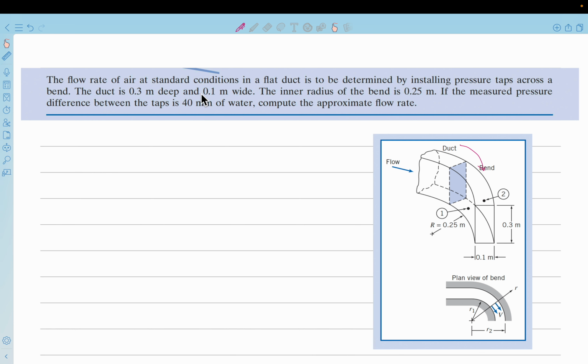The duct is 0.3 meters deep, 0.1 meters wide. The inner radius is given, and I think the thickness is also given, so you know the outer radius. If the measured pressure difference between the taps is 40 mm of water, so it is given in height of water, but we can convert it to kilopascals. So what we need to find is the approximate flow rate.